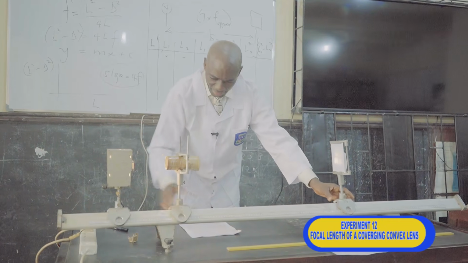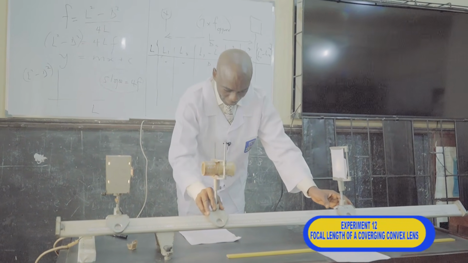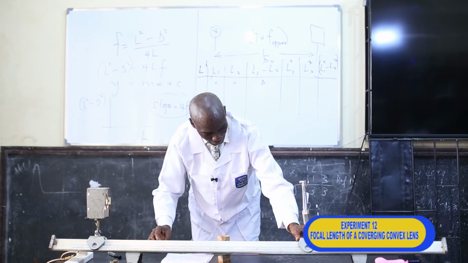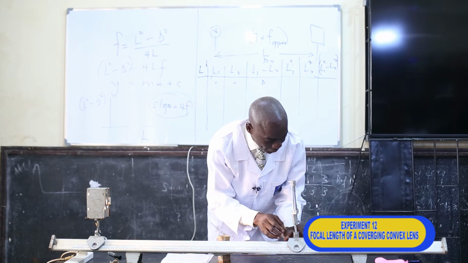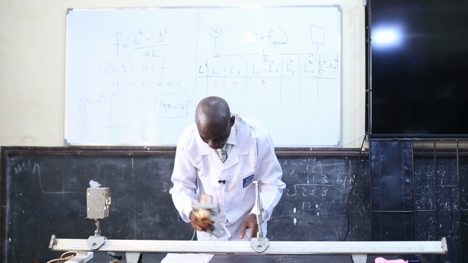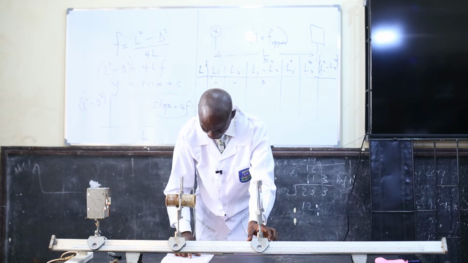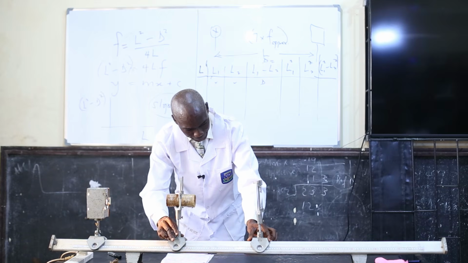So I continue to decrease my L, and at a particular L we are not going to get a sharp image. That is how we find the minimum separation L for which you will get the sharp image.